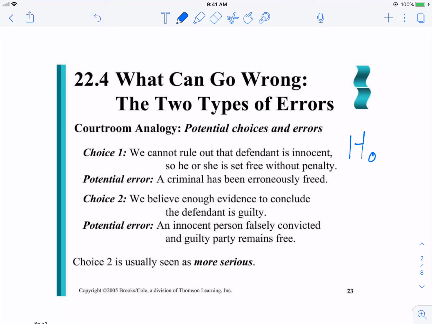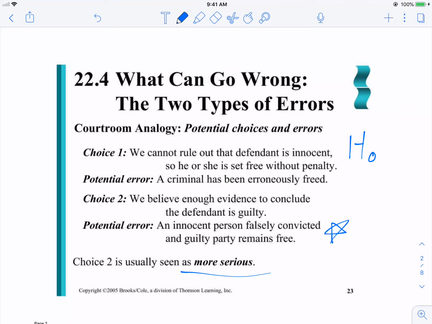So you could argue that this case is actually more severe if you make a mistake in this second case because you have two things going wrong. It's thought of as being more serious.